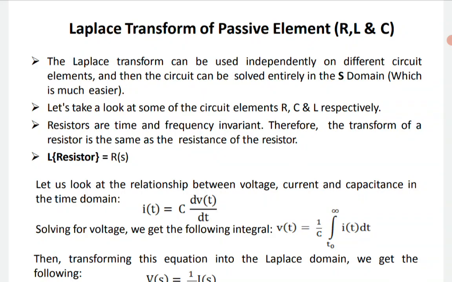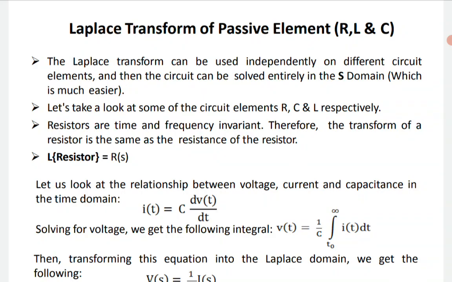Let's take a look at some of the circuit elements R, C and L respectively. Resistors are time and frequency invariant, obviously, and therefore the transform of a resistor is the same as the resistance of the resistor. That means L of R is nothing but R of S.